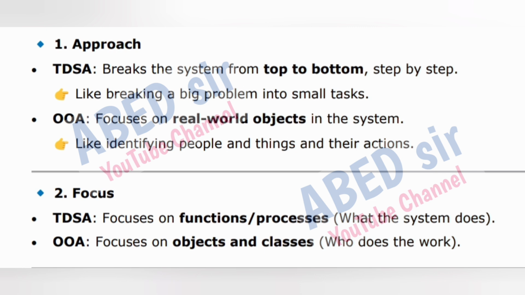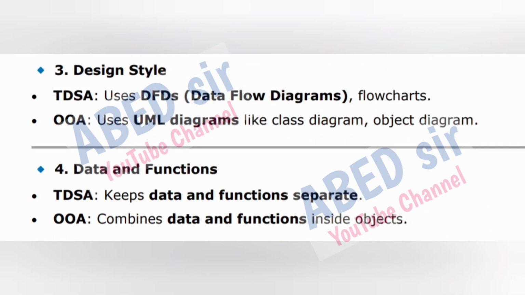TDSA focuses on functions and processes, what the system does. OOA focuses on objects and classes, who does the work. 3. Design style. TDSA uses DFDs, data flow diagrams, and flowcharts. OOA uses UML diagrams like class diagram and object diagram.